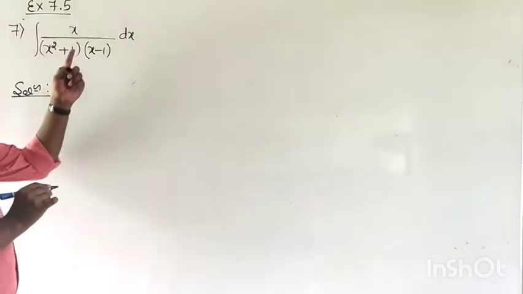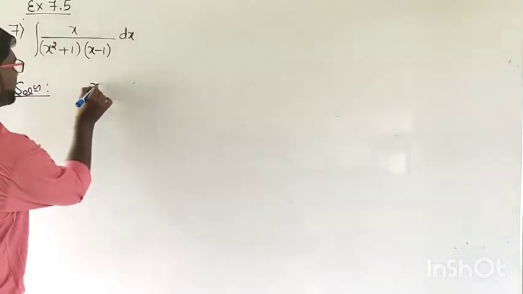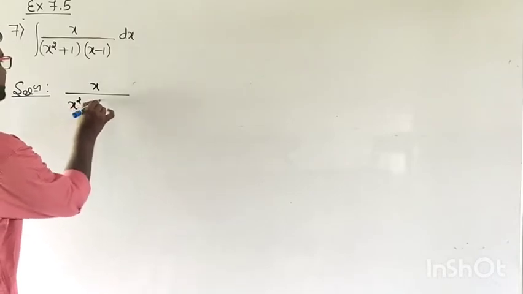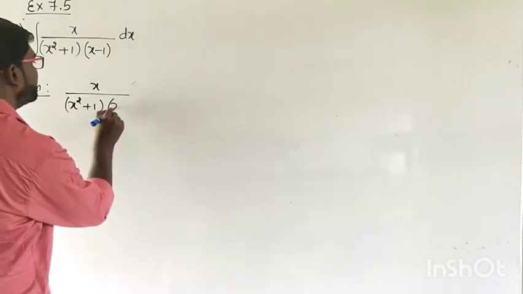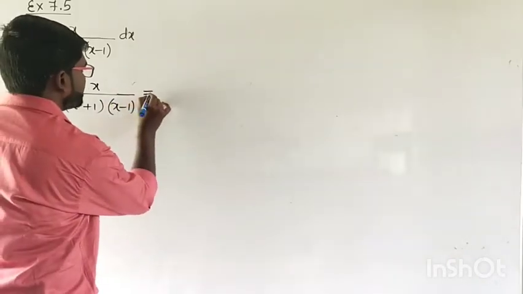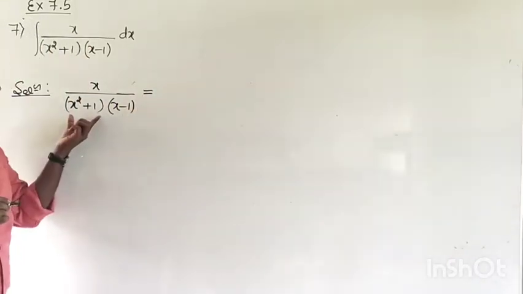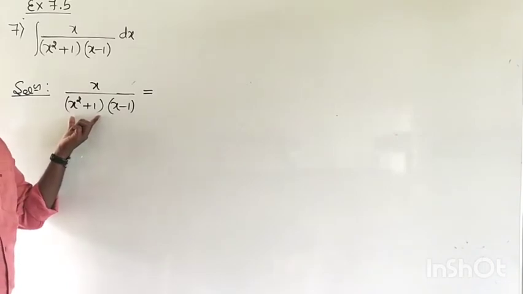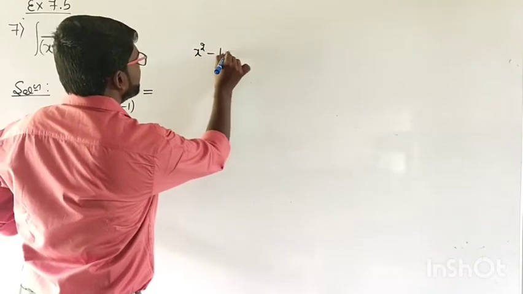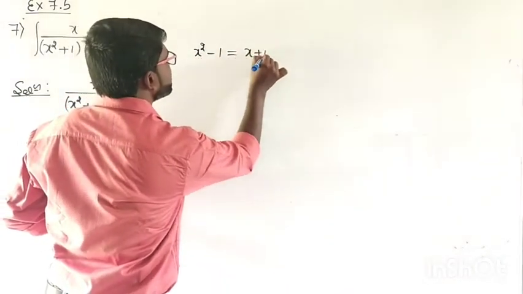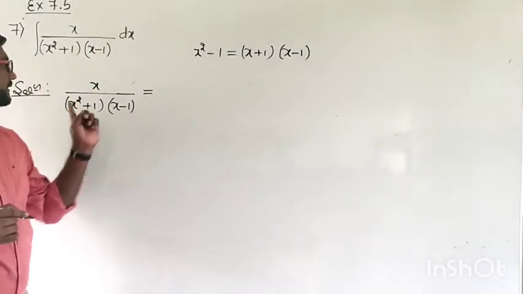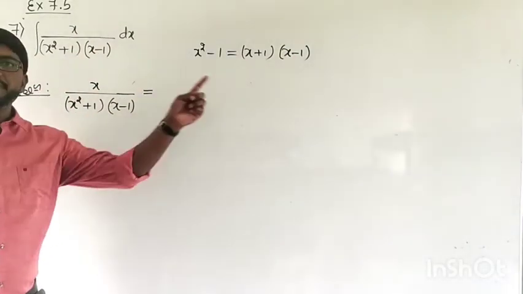So I take up only the integrand part, x divided by x square plus 1 into x minus 1, which is equals to, so here the first term is a quadratic polynomial which cannot be factorized. If it is x square minus 1, we could have factorized it like x plus 1 into x minus 1, but we cannot factorize x square plus 1 further.